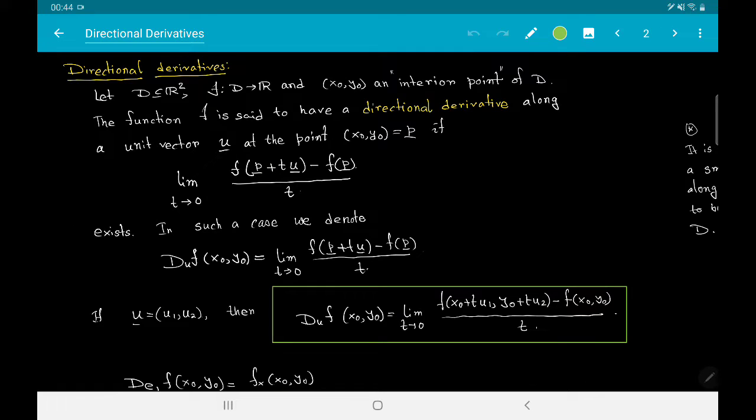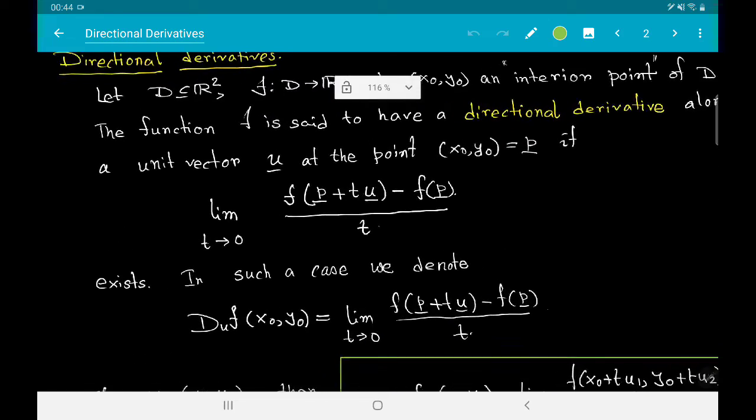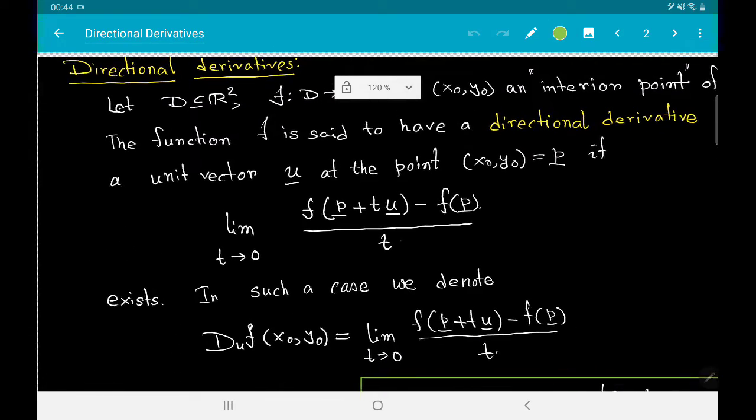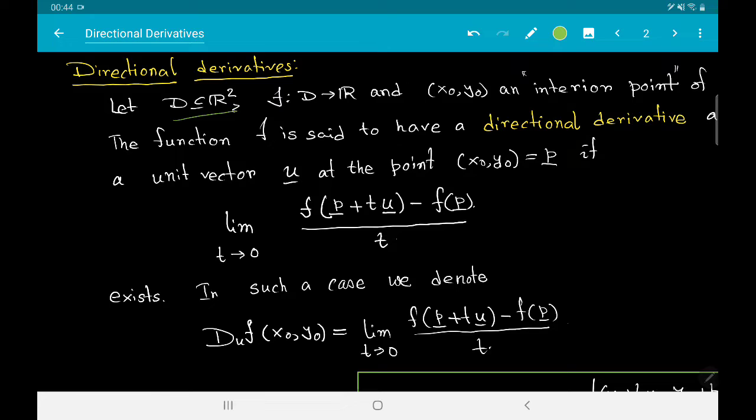So what we do is as follows. As always, we have a domain D of a function, which is a subset of R2, because we are talking about real valued functions in two variables.